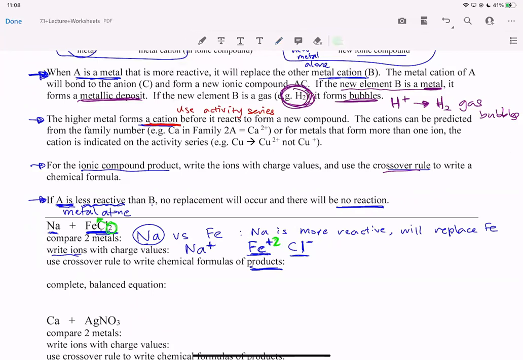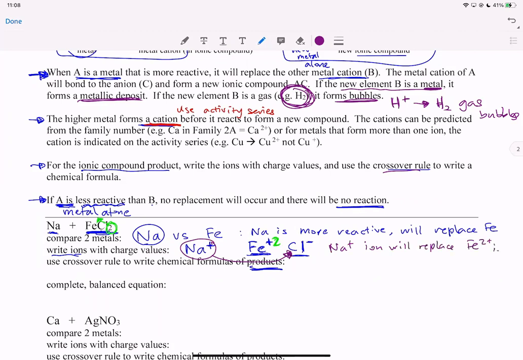Okay, so let's figure out what replacement is going on. This sodium will come over here and take away and replace the spot that Fe was in. So the sodium ion will replace the Fe2+ ion.